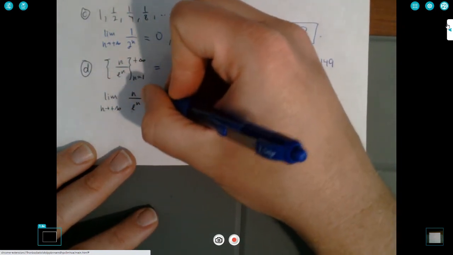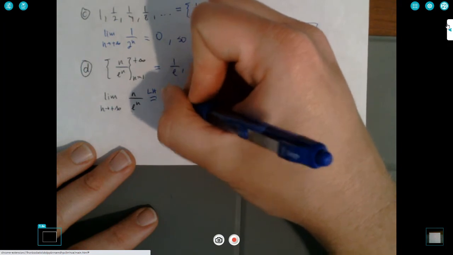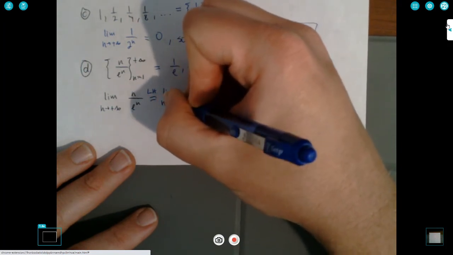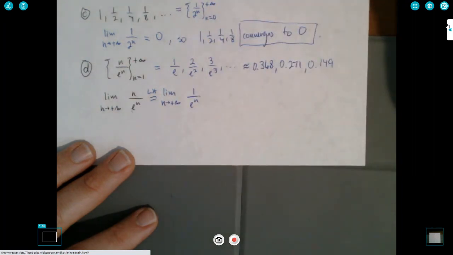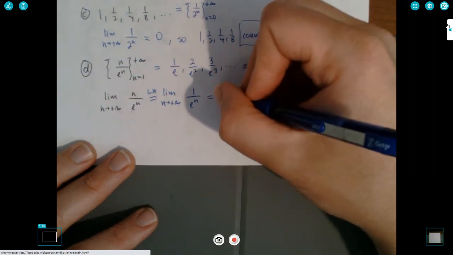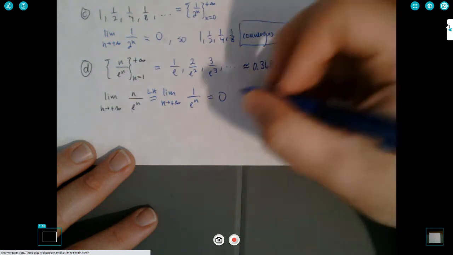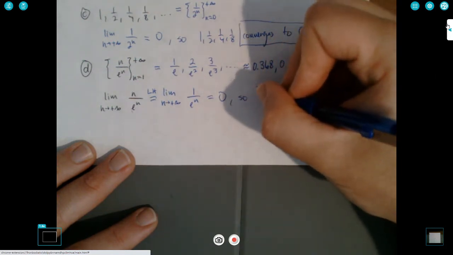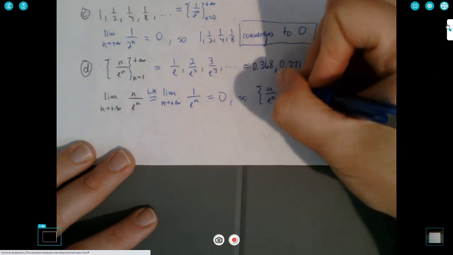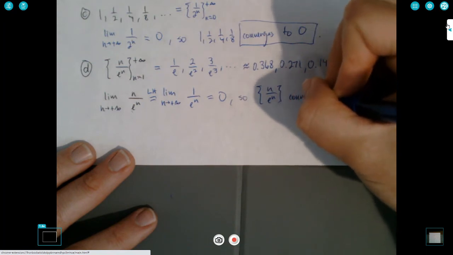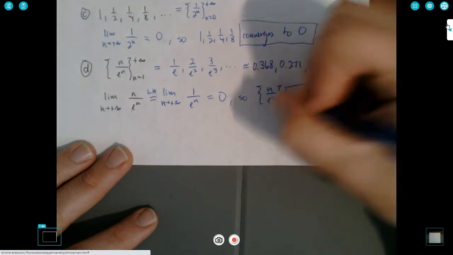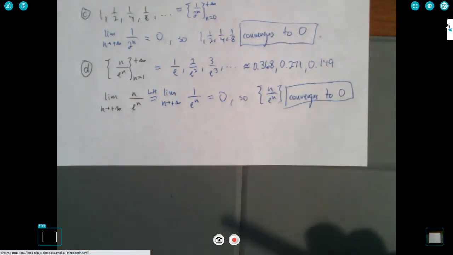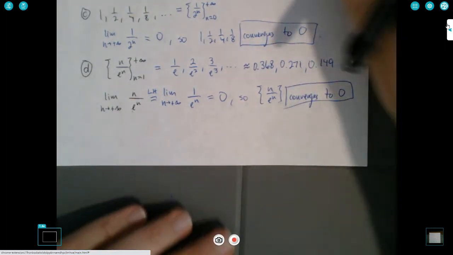So by L'Hopital's rule, this is going to be 1 over e to the n, and it's clear that this just goes to 0. So n over e to the n converges to 0. Okay, one more.